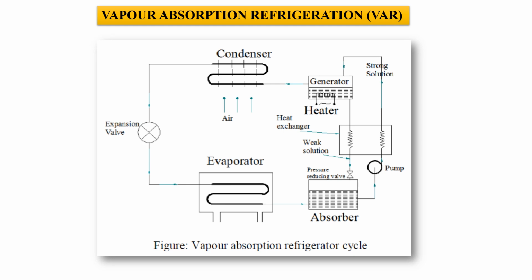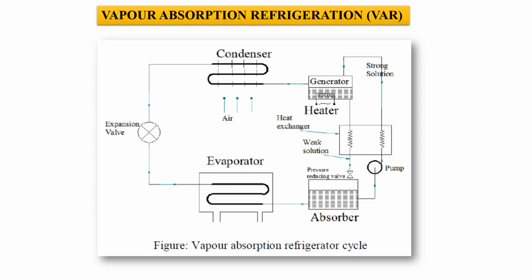There the pressure and temperature are reduced, and the weak solution is sent back to the absorber. Whatever gas is generated in the generator, high temperature and high pressure gas, flows to the condenser, where air is passed over it, so heat is rejected to the atmosphere and it changes phase from vapor to liquid at constant pressure.